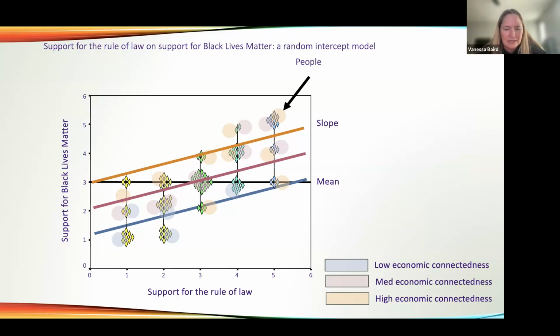But basically, you can see these intercepts are varying, even though the slope by which the support for the rule of law causes Black Lives Matter to increase, the slopes are the same. And so you've got some amount of variation in the dependent variable that is accounted for by the mean across everybody in each unit. Are y'all seeing how that is?